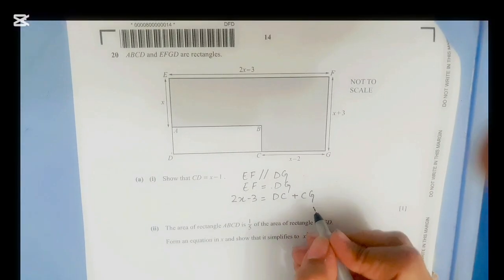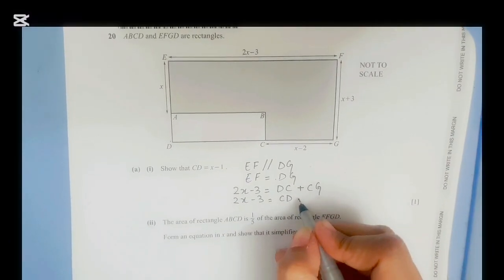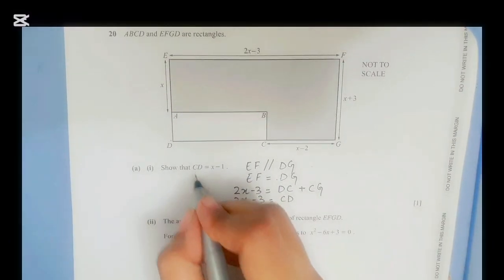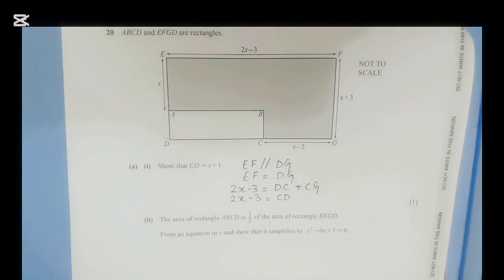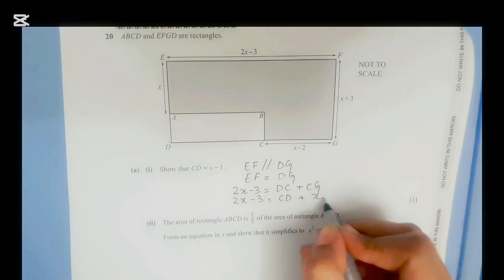CG. So 2x minus 3 is equal to CD. We can write CD or DC, so I am changing it to CD because they are asking CD, plus the value of CG is x minus 2.